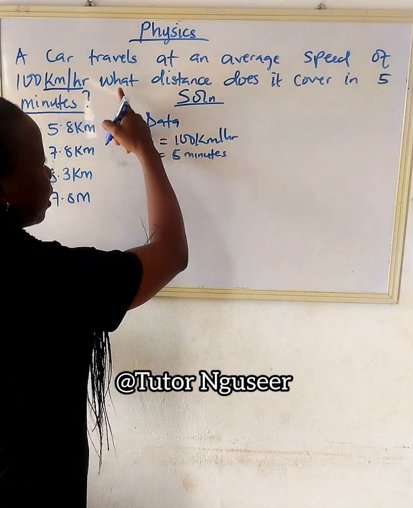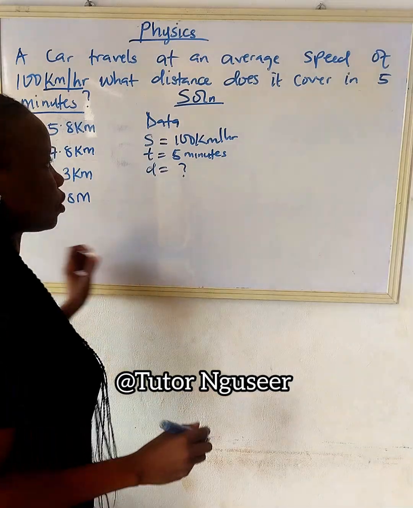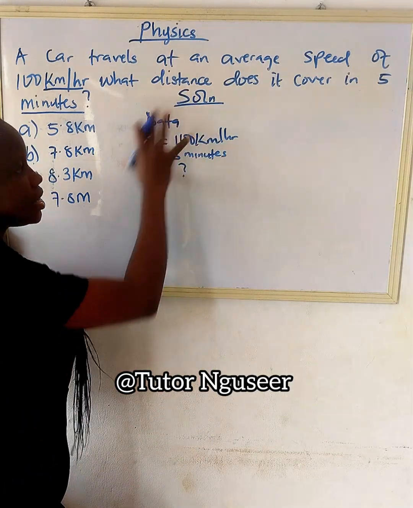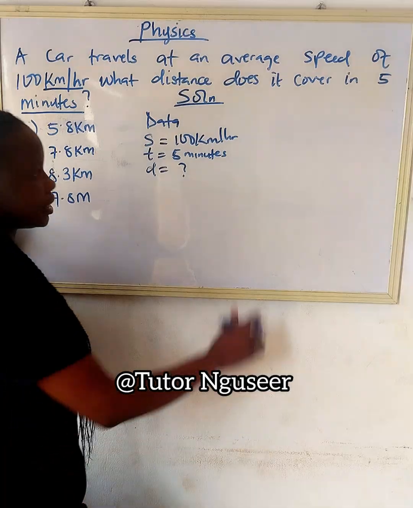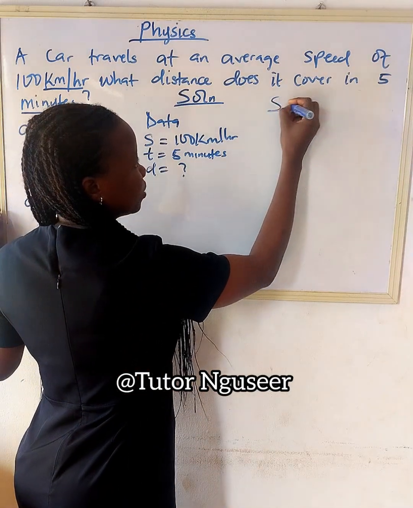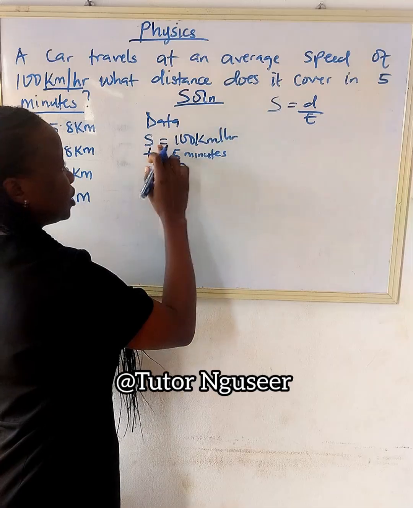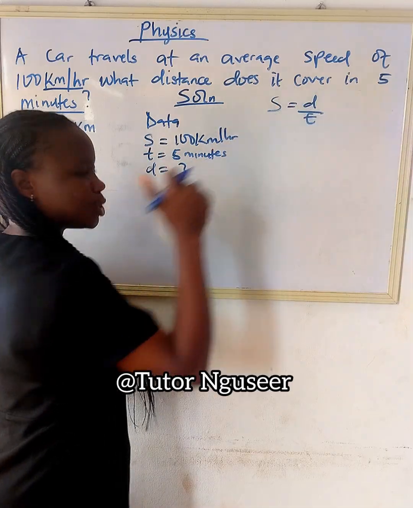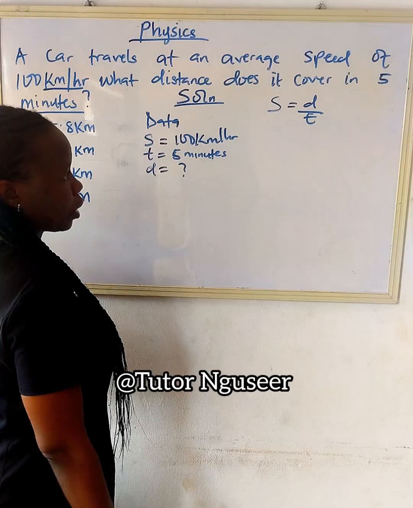Alright, so what am I looking for? I'm looking for distance. My distance is not given. So once I look at this data, I know what to do. There is a formula that says speed is equal to distance over time. My speed is given, my distance is what I'm looking for, and my time is given as 5 minutes.